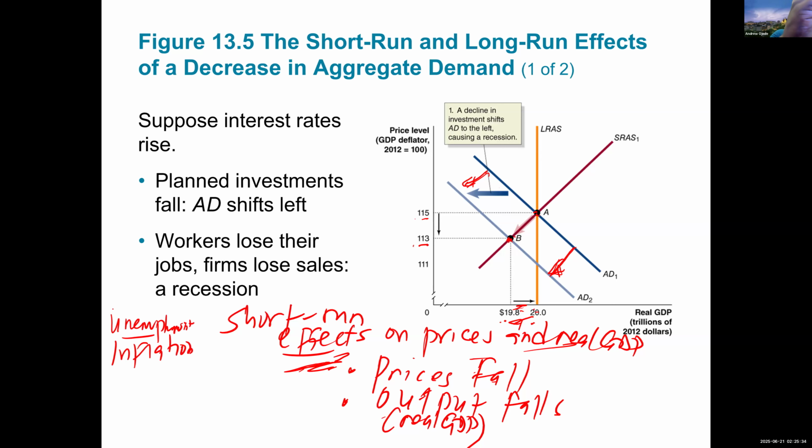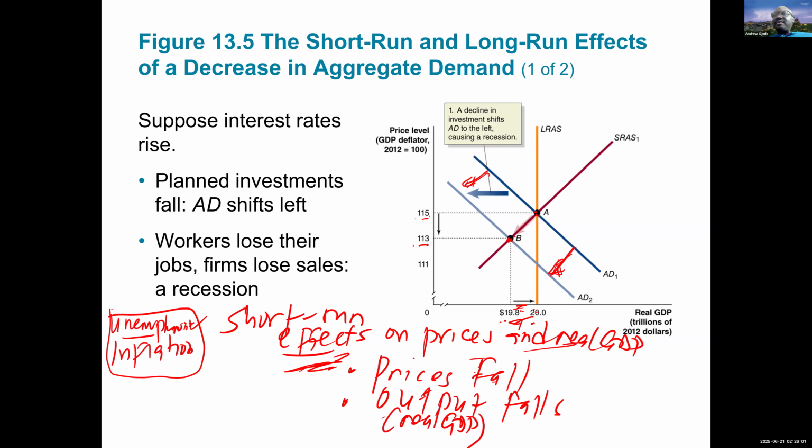I call those the two macroeconomic evils. But the good news with a negative demand shock is that output is falling, so you have this evil, but price is actually falling, from 115 to 113. So you don't have any inflationary problem here.